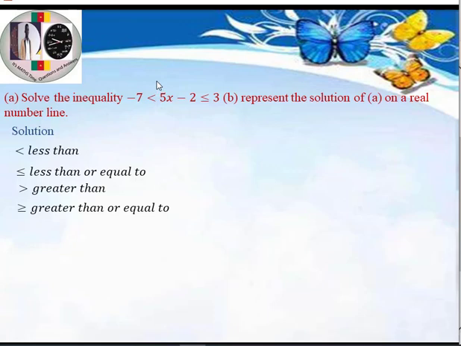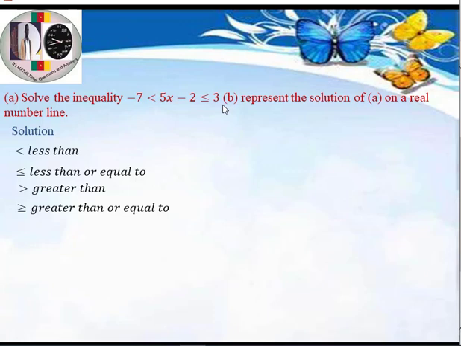Then we solve them separately and later combine the solutions, or we can solve them at the same time: what we do to the left, we do to the right as well, and to the middle portion of the inequality.